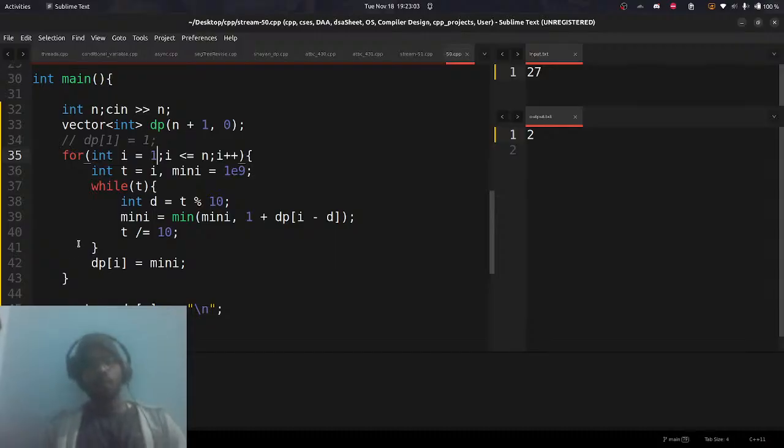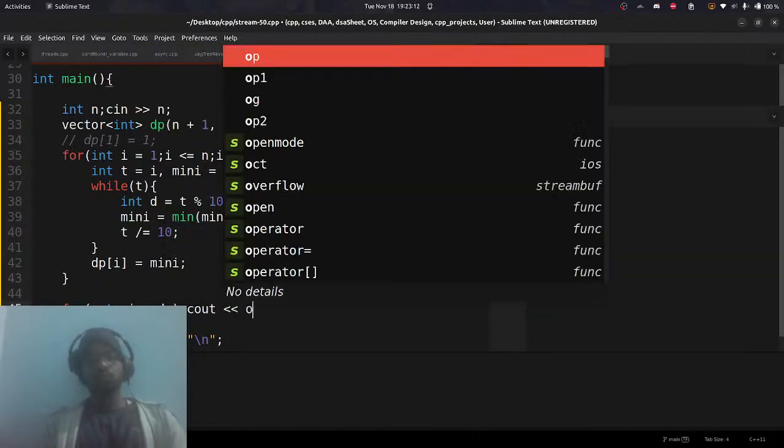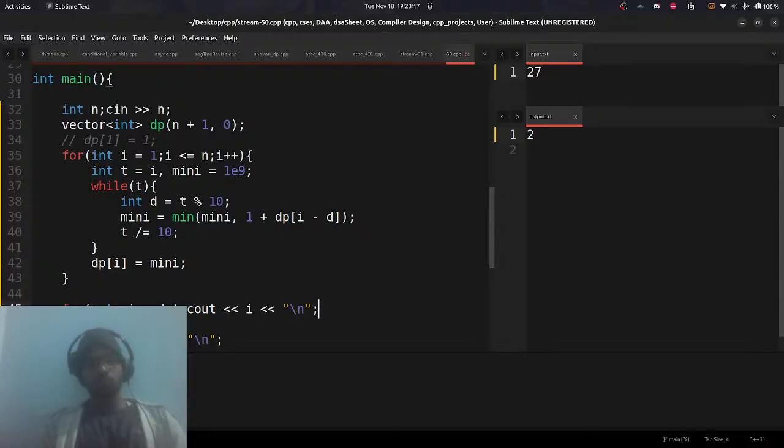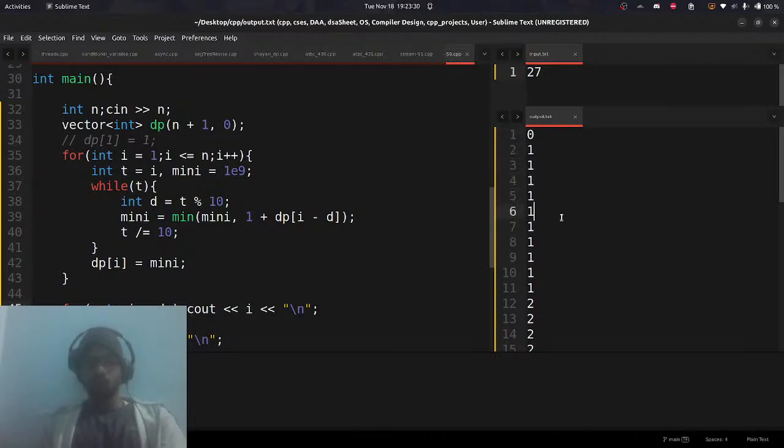Let's see the DP table. 10 should have been 2.